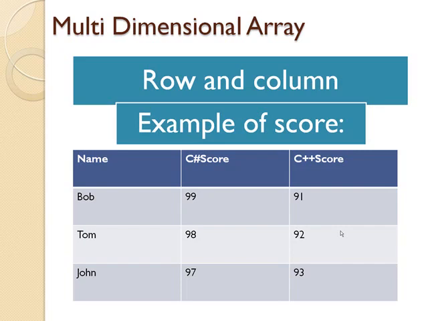We have to have two for loops, one for loop inside another for loop, because it needs two indexes. In one-dimensional array we can do the job with just one, but in two-dimensional we have to have two indexes.